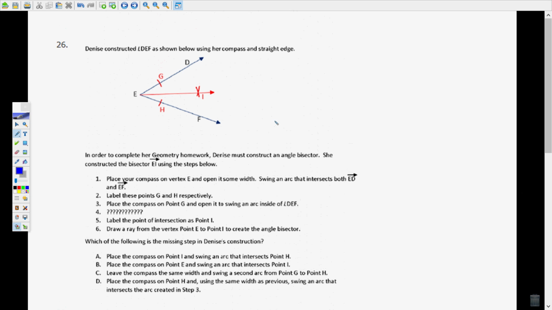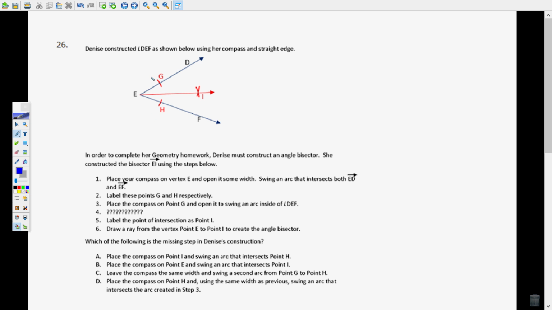26. Denise constructed angle DEF as shown below using her compass and straight edge. In order to complete her geometry work, Denise must construct an angle bisector. She constructed the bisector EI using the steps below. First step, place your compass on vertex E and open it some width.